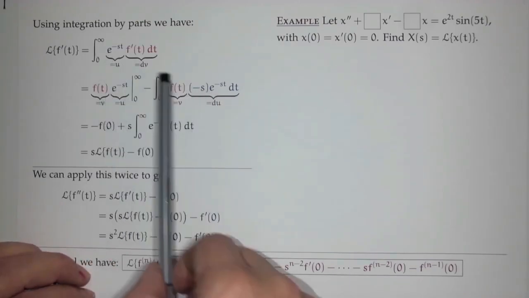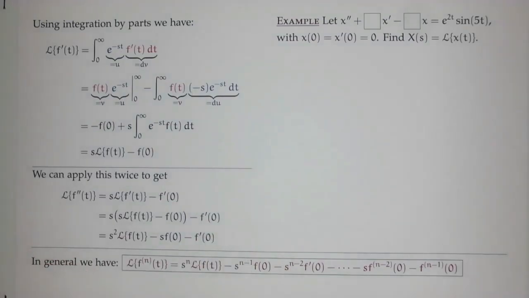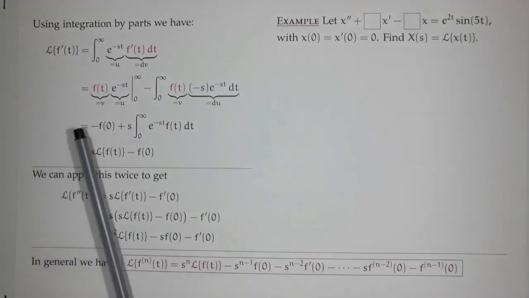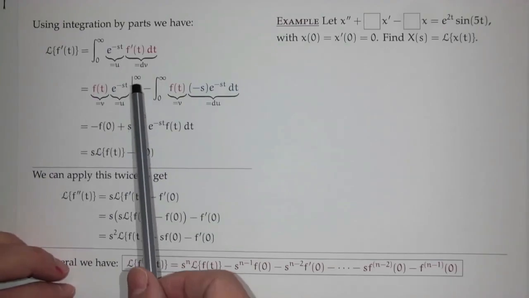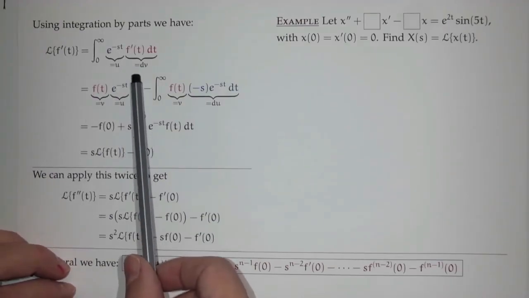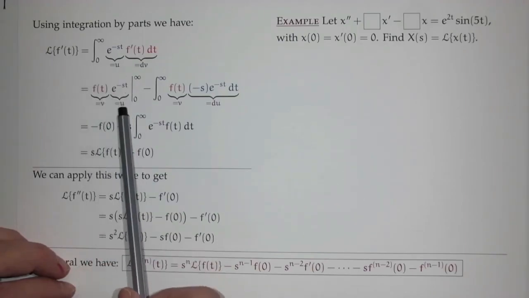And so the derivative here, the minus s comes down. We've done integration by parts once. Now we do our evaluation, as always happens for us. At infinity, the exponential term dominates, things go to 0.